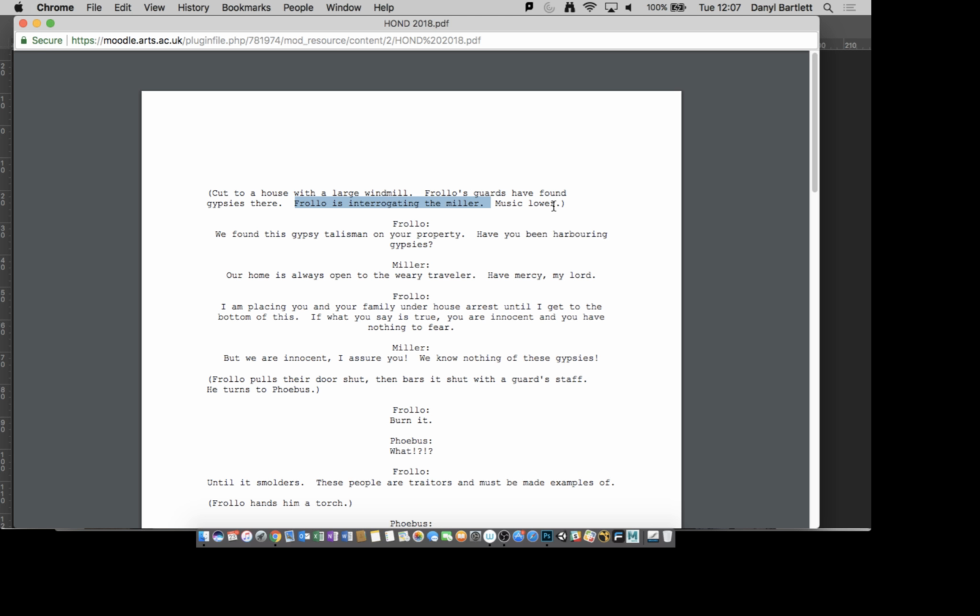We need to emphasize at this stage, when you think about the entire narrative, we need to take Frollo as a character from someone who is in charge and who kind of pontificates and lords it over people, who's controlling and manipulative. We know he's that. We've seen that in the story already, and that's already present in the script.